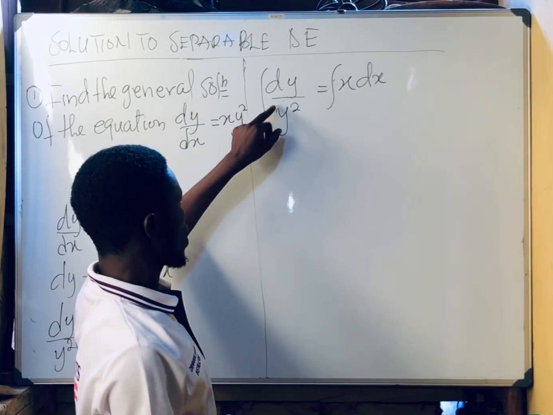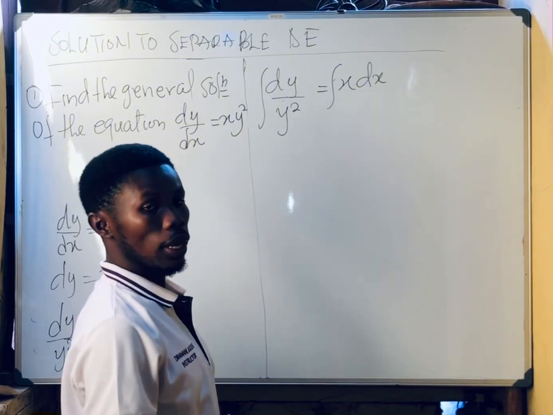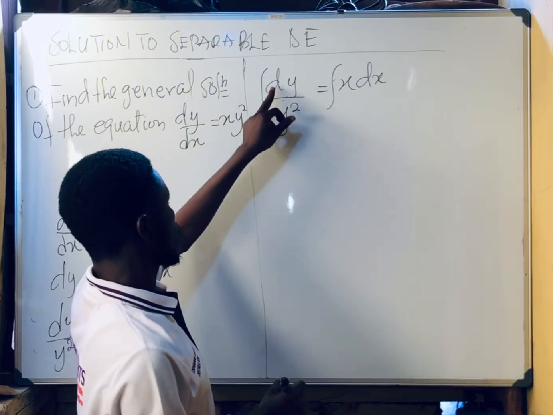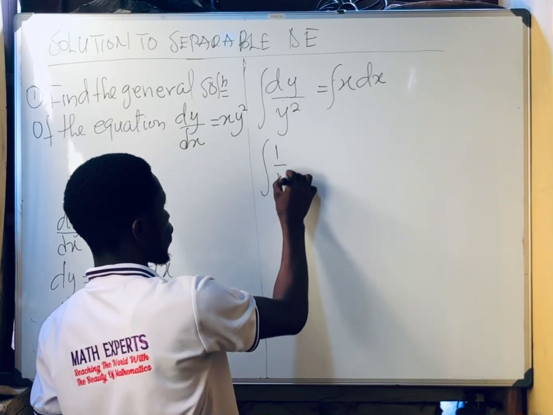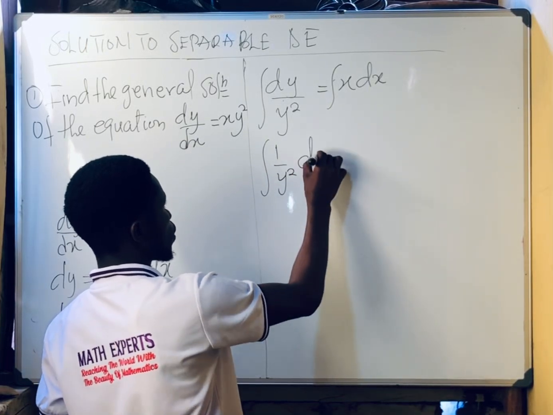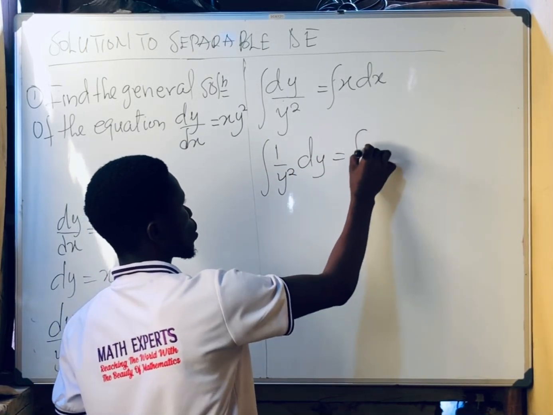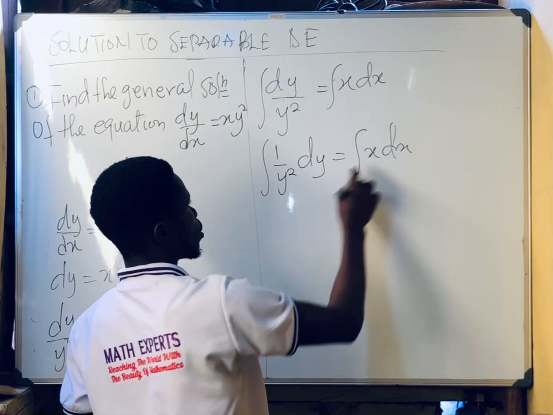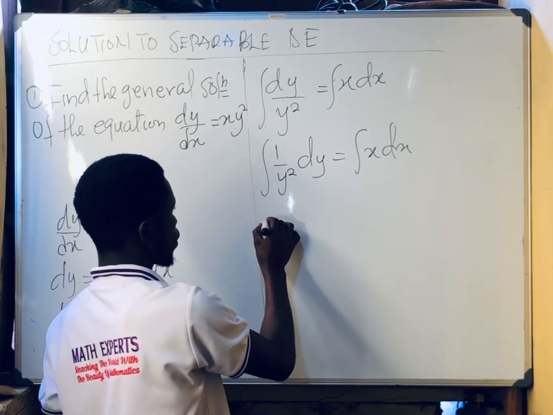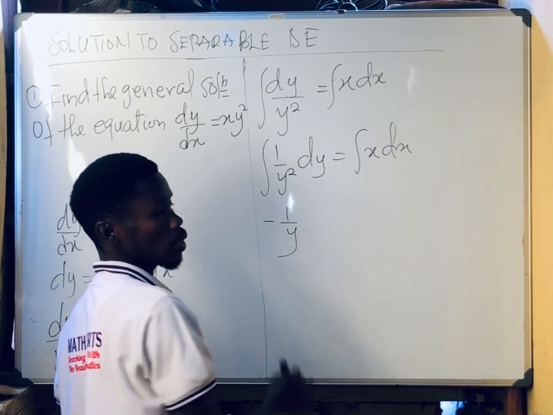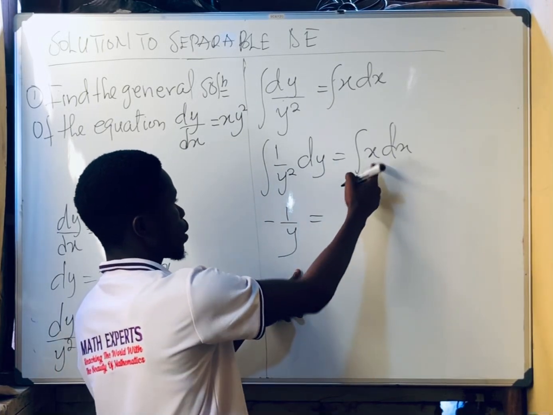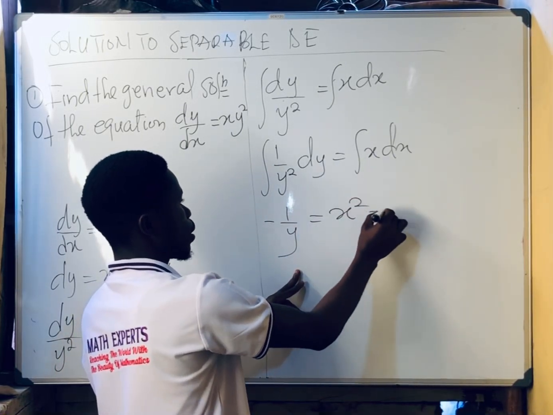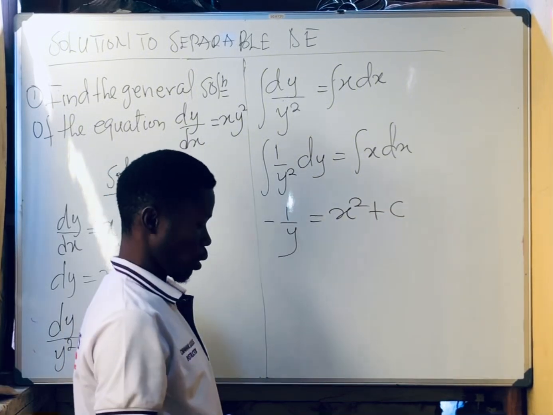If we integrate 1 over y squared, you know the dy over y squared is the same as 1 over y squared dy, plus integral of x dx. So let's integrate this. That will give us negative 1 over y, right? Equals, if I integrate this, I'll have x squared over 2 then plus c.